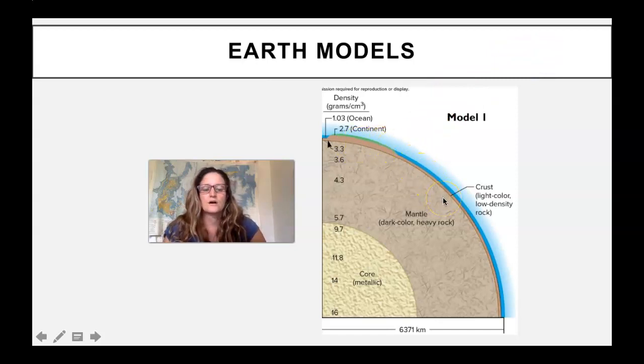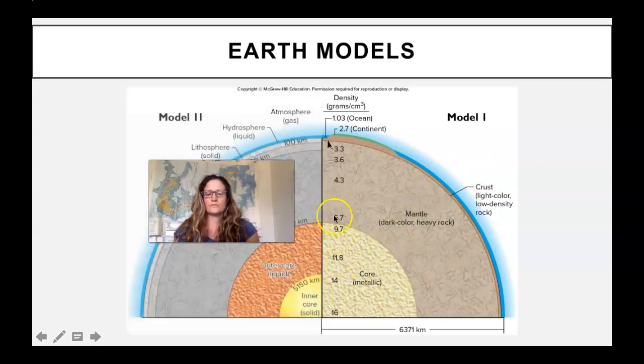The oceanic crust is all basalt. The mantle is darker colored, heavier, denser rocks made up of olivine. And then the core is the iron-nickel core.